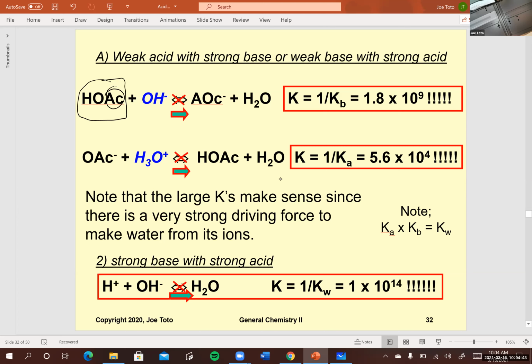Does anybody know what kind of a molecule acetic acid is? Well, it's an acid, right? What kind of an acid? Weak acid. How do you know it's a weak acid? From our lab last week. Okay, that's good. Does anybody know why it's a weak acid from what we discussed previously? It means it has a stronger bond.